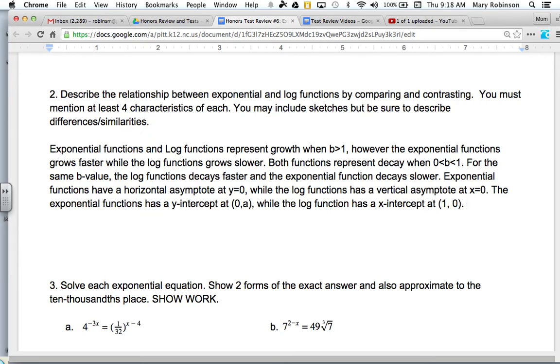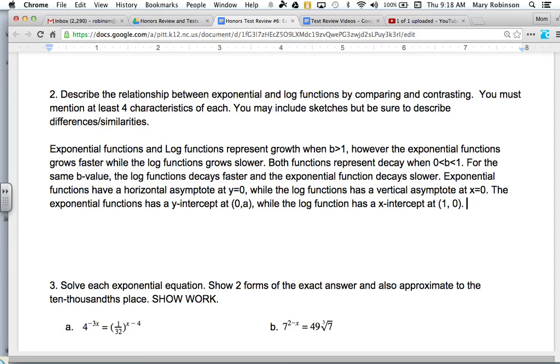So for the exponential function, it'll cross at 0, 1 if our a value equals 1, but technically it crosses whatever value a is, while the log function will always cross at 1, 0. So that actually would take care of the 4 characteristics.